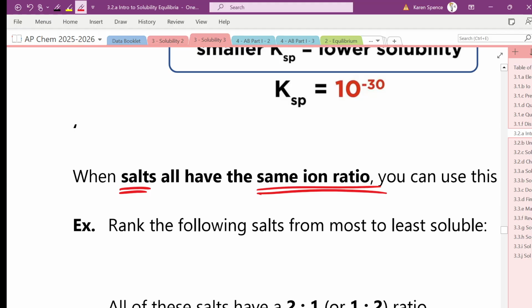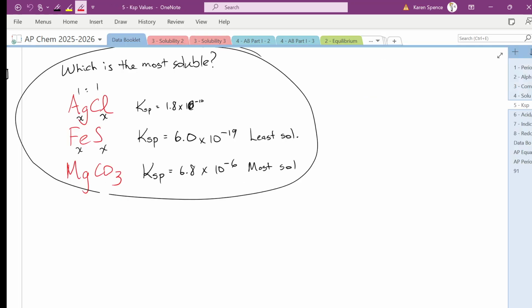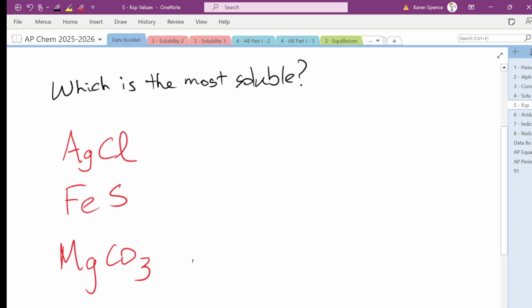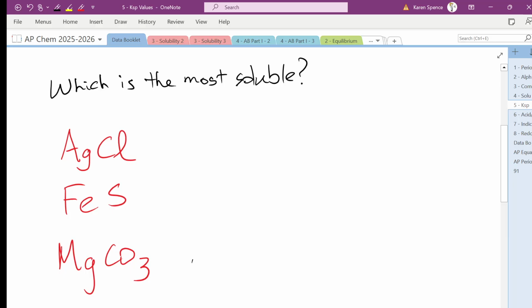So say, for example, we went to our data booklet, and I gave you AgCl, and I gave you FeS, and I gave you MgCO3. Which of those three is the most soluble?